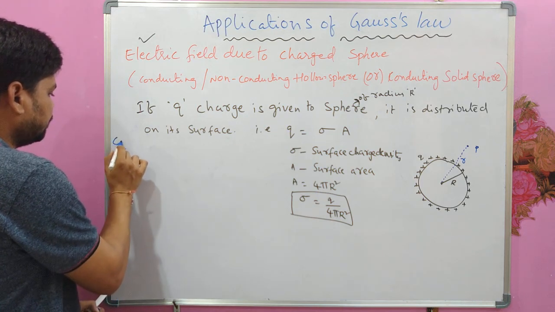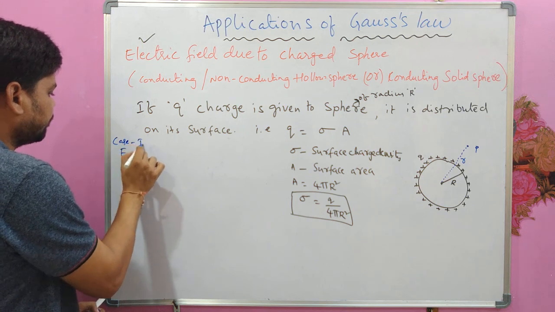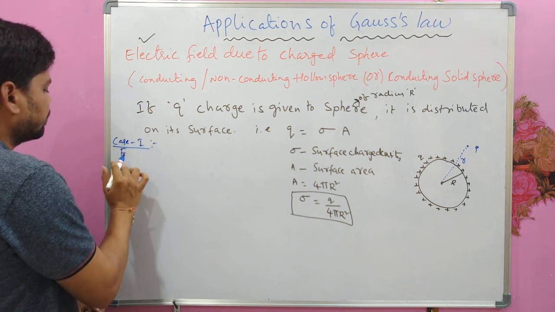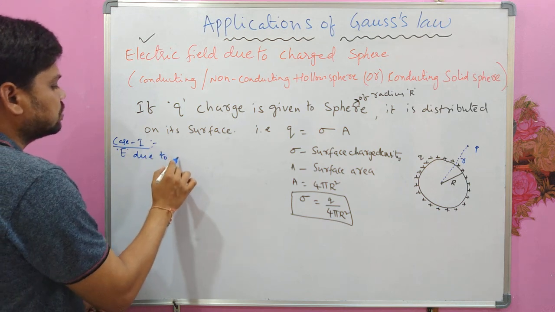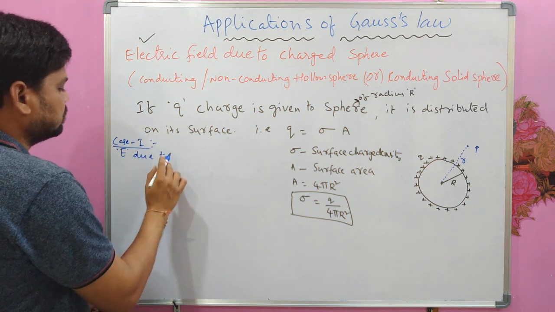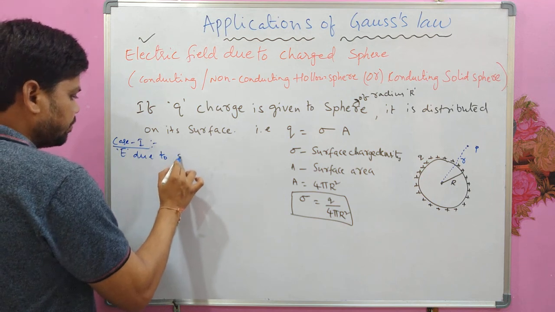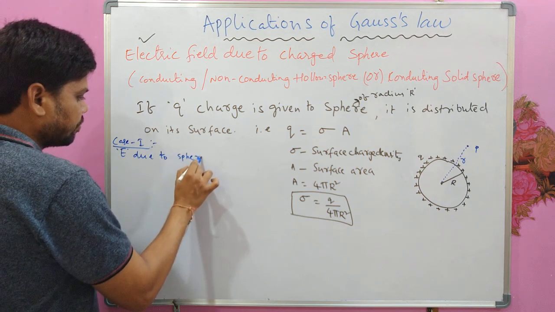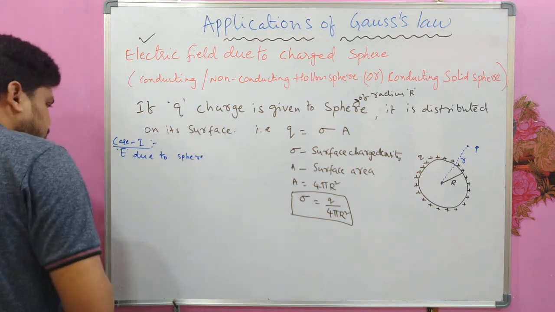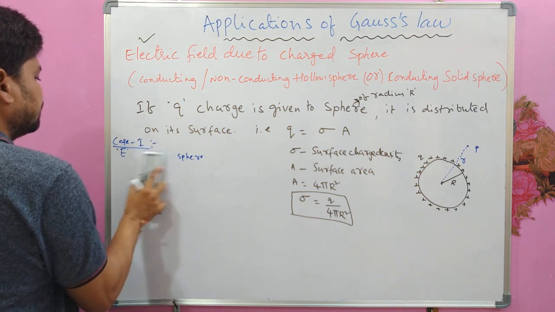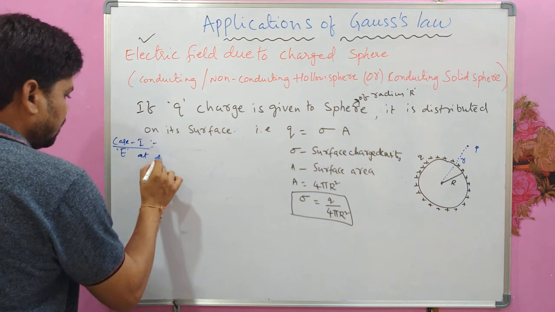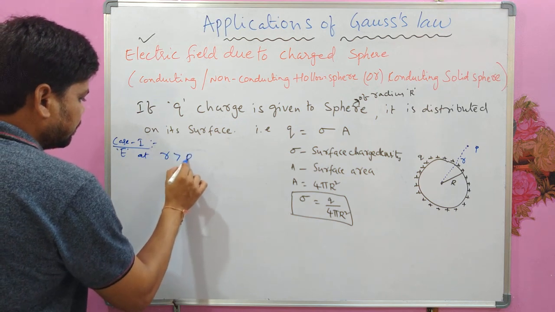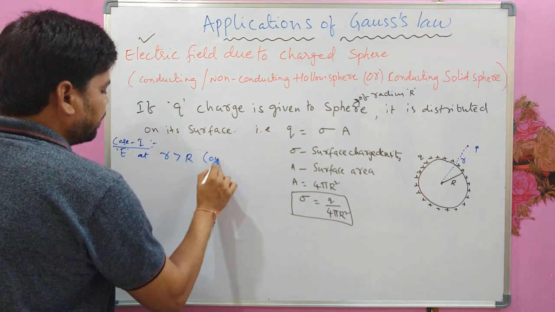Okay, this is the first step, which means I am going to calculate electric field. In case 1, E due to sphere, E at r greater than R means outside point.